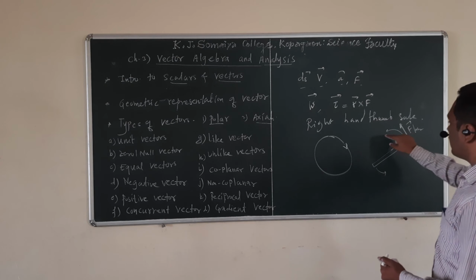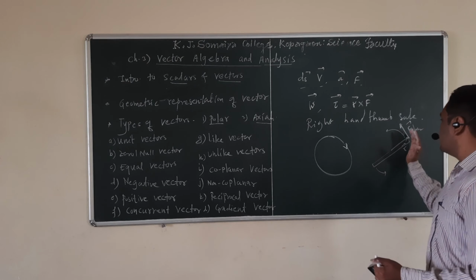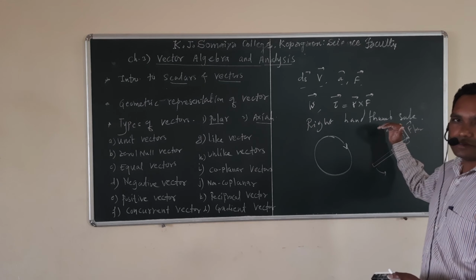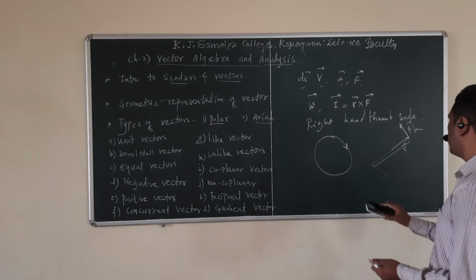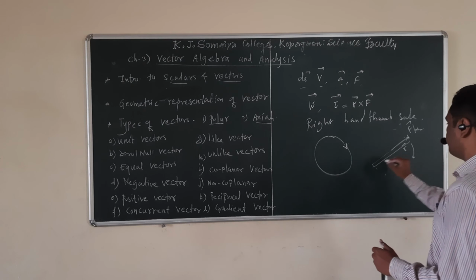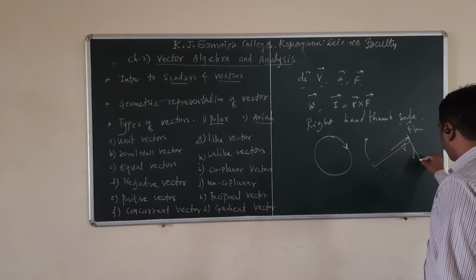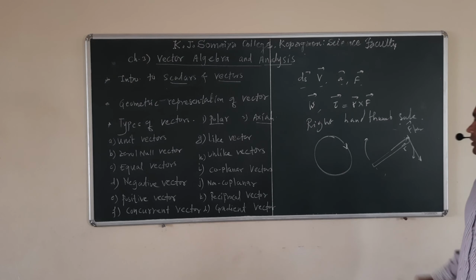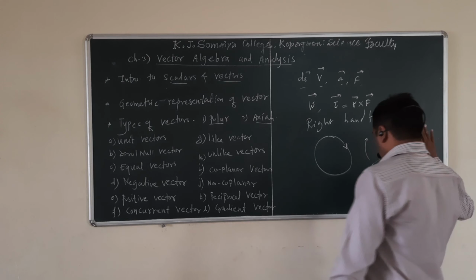Suppose the direction becomes clockwise. Now remember, this is the anti-clockwise direction. If you change the direction to anti-clockwise sense, again for the anti-clockwise direction, force must be like this. Again R, we have to go like this.